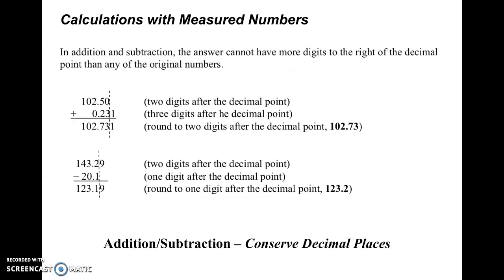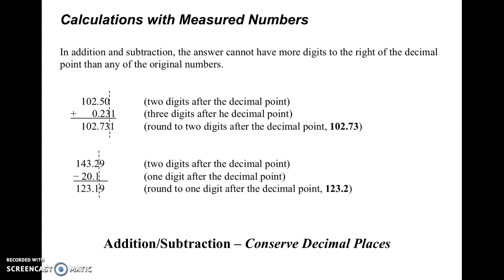So once we can figure out how many we have, now we can address the question of how we do the math. If you're doing addition or subtraction, the key is to line up your decimal places. In that first example, you have 50 past the decimal place, and those are significant, but it's being added to 0.231, so you have 3 places past the decimal point.